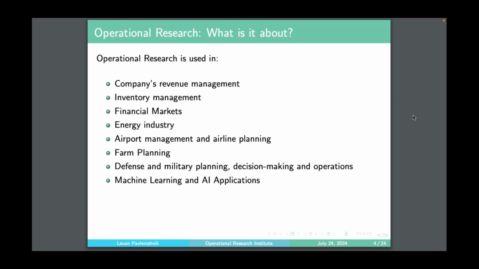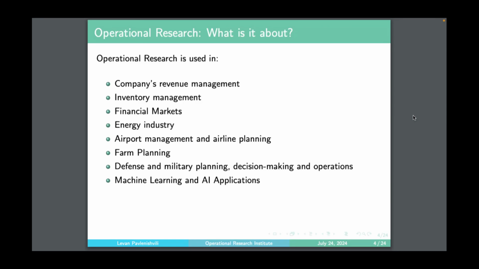defense industry. So basically the initial idea of operational research is that it came from the Second World War. It became a field during the Second World War in the UK when they actually had specific mathematical problems to solve to basically save the UK during the Battle of Britain.